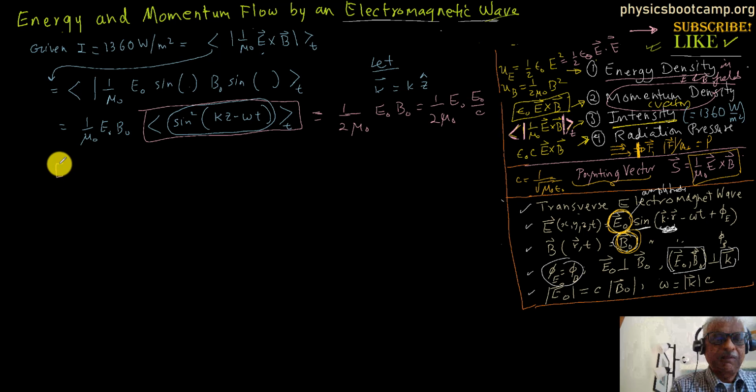This whole thing is equal to I, that's the I that's given. So E0 is going to be the square root of 2 mu 0 C I.